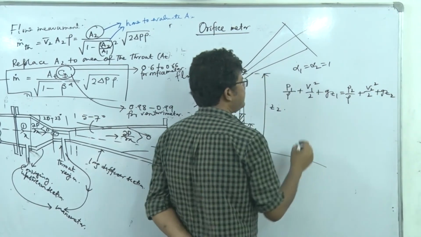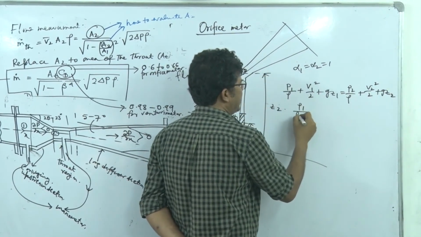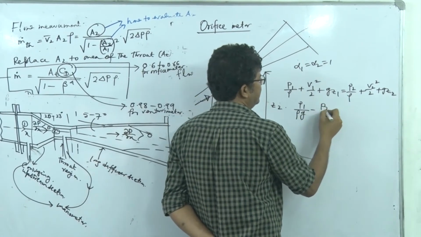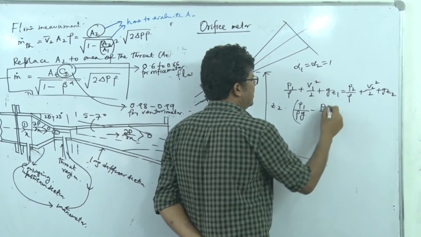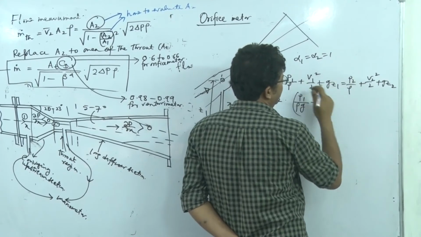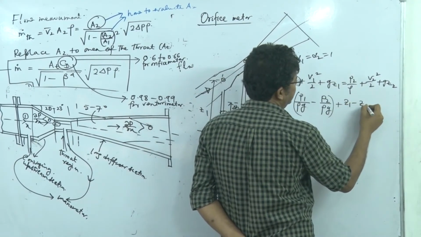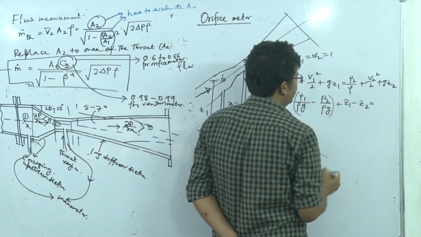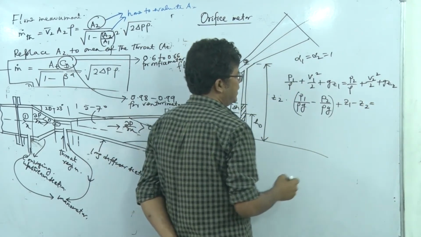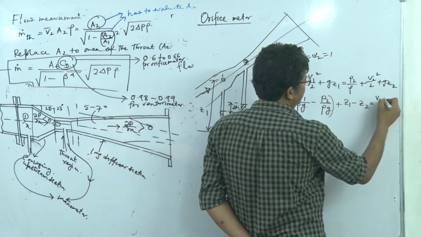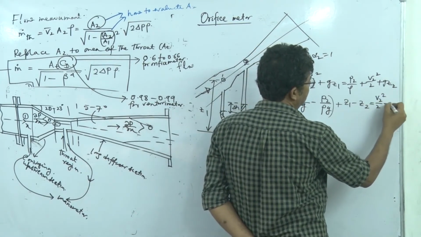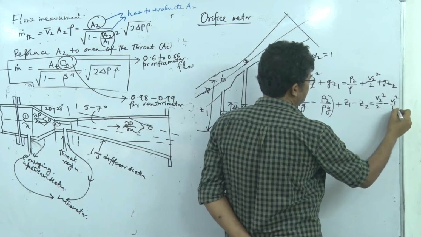Correct? So you can write P1 divided by rho g minus P2 divided by rho g plus Z1 minus Z2 is equal to V2 square by 2g minus V1 square by 2g.